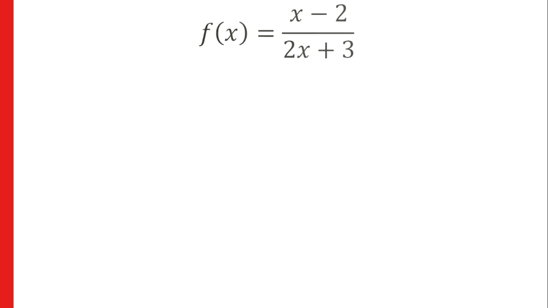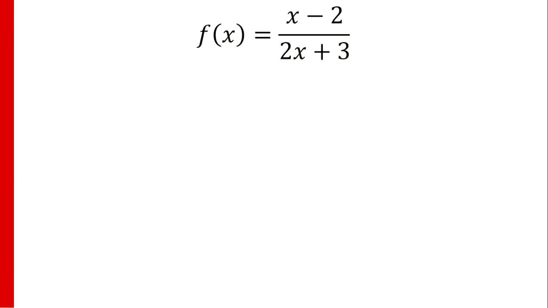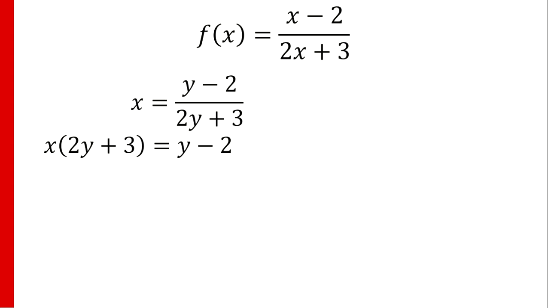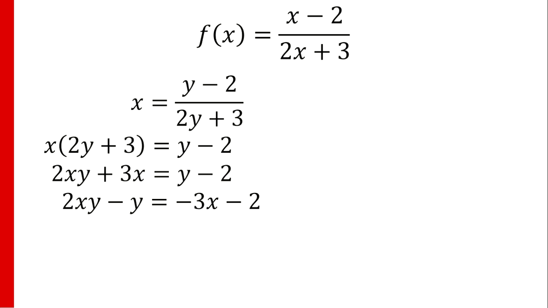Last example, given the function x minus 2 divided by 2x plus 3. Again, interchange, then cross multiply. So that is x times the quantity of 2y plus 3 is equal to y minus 2. Then distribute. So 2xy plus 3x is equal to y minus 2. Again, combine like terms. So that is 2xy minus y is equal to negative 3x minus 2. And then factor out y.